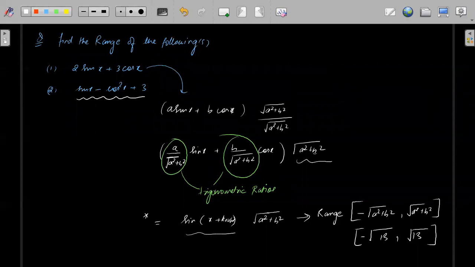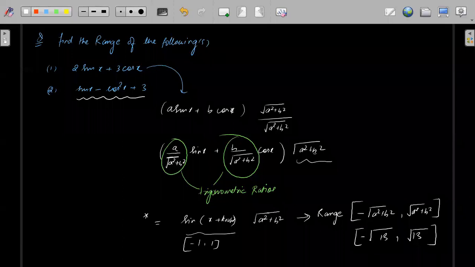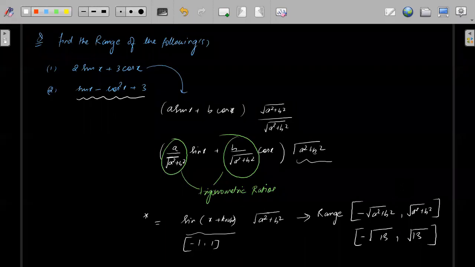Sine of something is from -1 to 1, so multiplied by root of a square plus b square, the whole thing will become minus root of a square plus b square to plus root of a square plus b square. Understood? Fine. Just copy this. Sine of something is from -1 to 1, so multiplied by root of a square plus b square it will become minus root of a square plus b square.